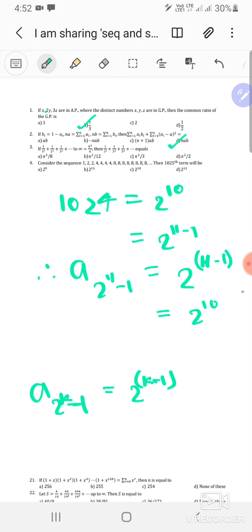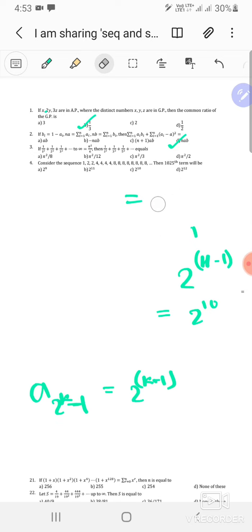We want to find the 1025th term, which means that it is in fact a sub 2 power 11 minus 1, that is, are we really wanting to find that thing? No, I don't think so. So no, we are going in the wrong direction most likely.